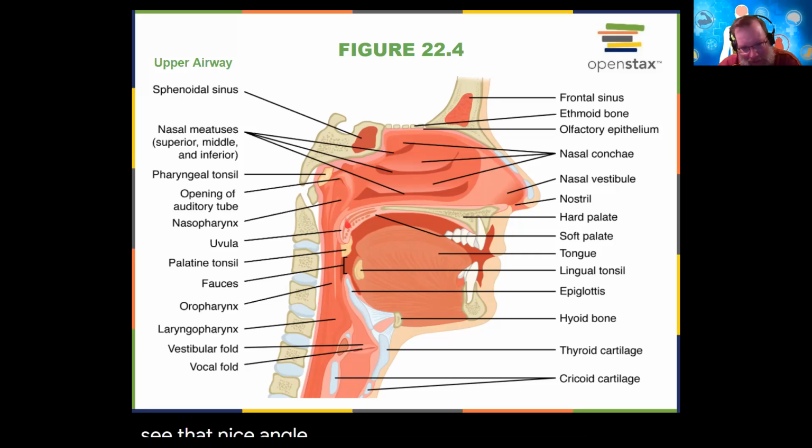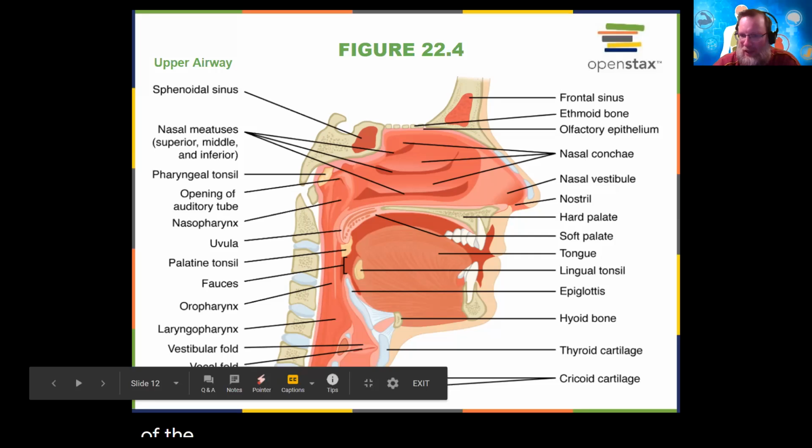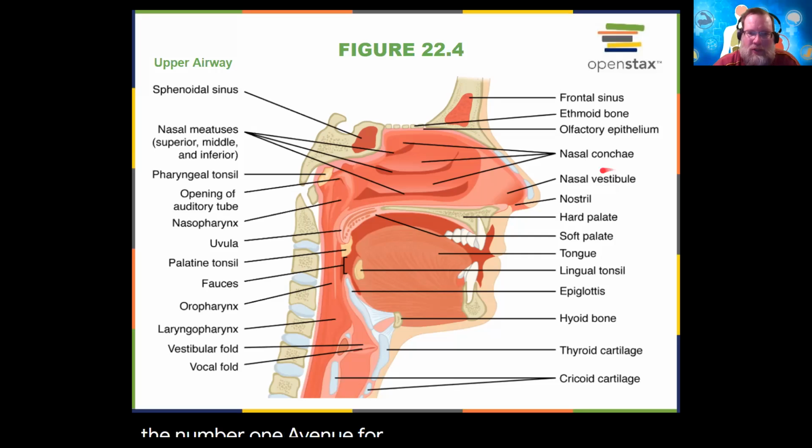We've got what are called the lingual tonsils, the tonsils of the tongue. These are there to help with airborne pathogens, and the respiratory system is the number one avenue for any type of infection.